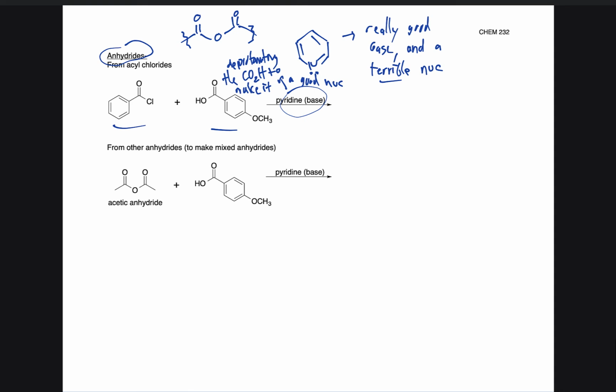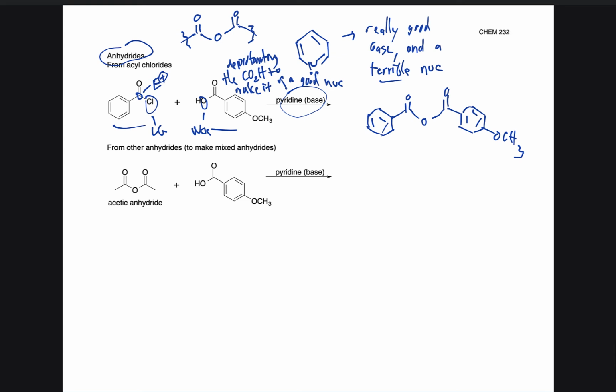And so the reaction, as you can imagine, our chlorine is our leaving group, oxygen is our nucleophile, and then our carbonyl carbon here is our electrophile. So we get this anhydride as our final product here. And I'll leave the mechanism up to you, but we can certainly look at some mechanisms involving these in class.